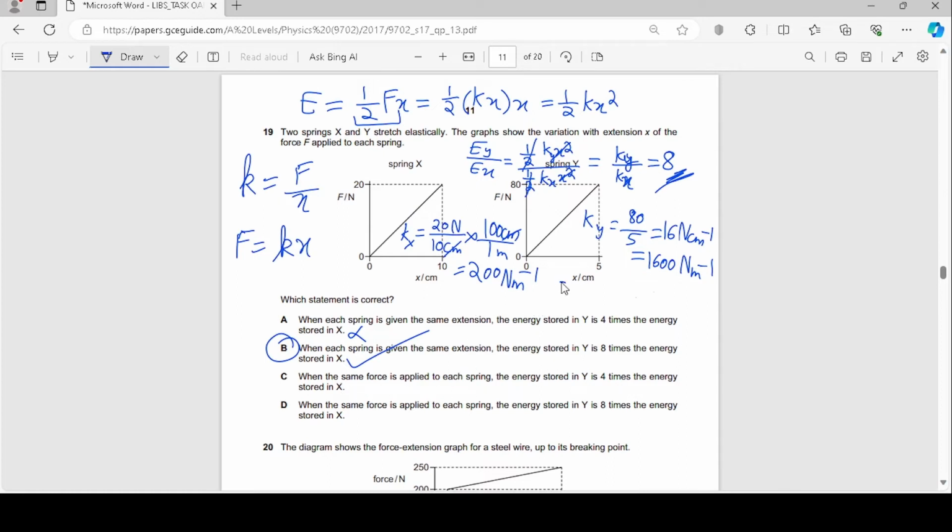If I check the other two options, just to be sure: when the same force is applied to each spring, Ey divided by Ex is equal to, I'm going to use this equation because they're talking about force rather than extension only, half Fx divided by half Fx.